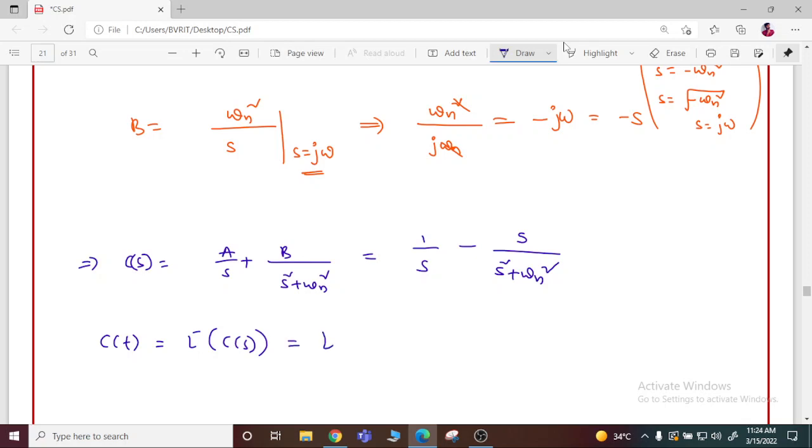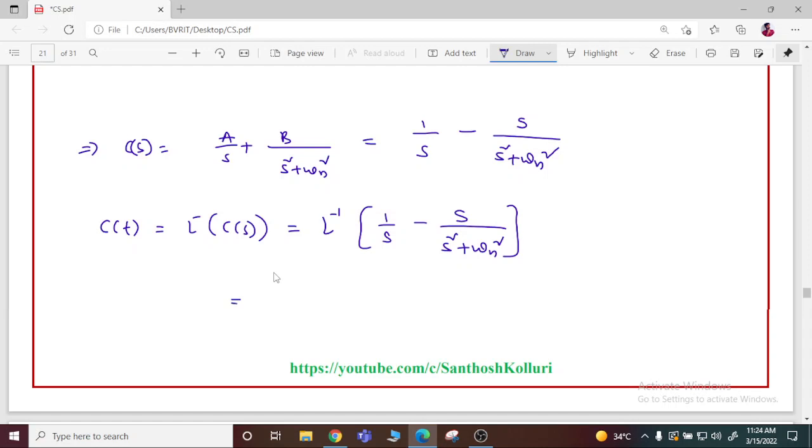So, therefore, Laplace inverse of 1 by s minus s by s square plus omega n square. So, this will be now 1 by s will be 1 minus s by s square plus omega n square is nothing but cos omega n of t.